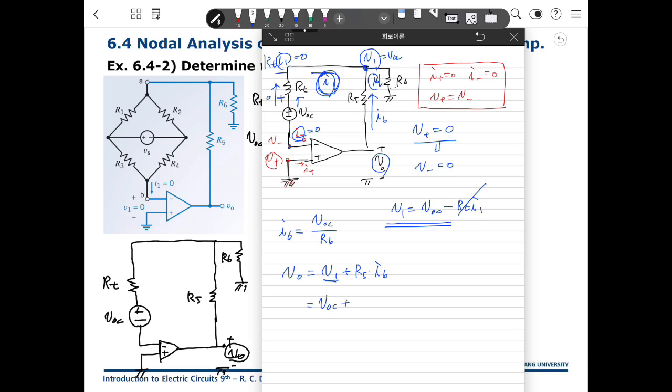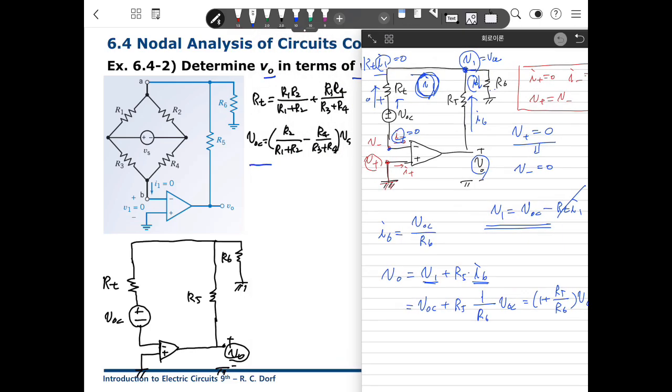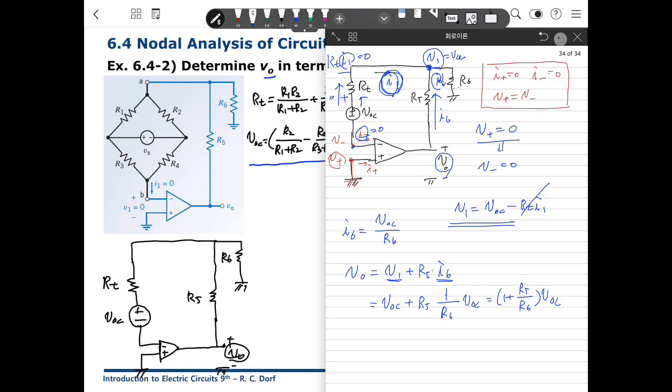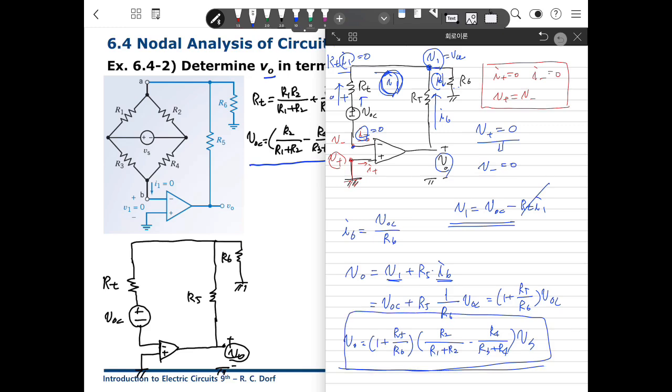V1 is VOC, and I6 is VOC over R6, so we have 1 plus R5 over R6, times VOC. Because of VOC here, Vout is 1 plus R5 over R6, times R2 over R1 plus R2, minus R4 over R3 plus R4, times VS. So this is the solution of this circuit.